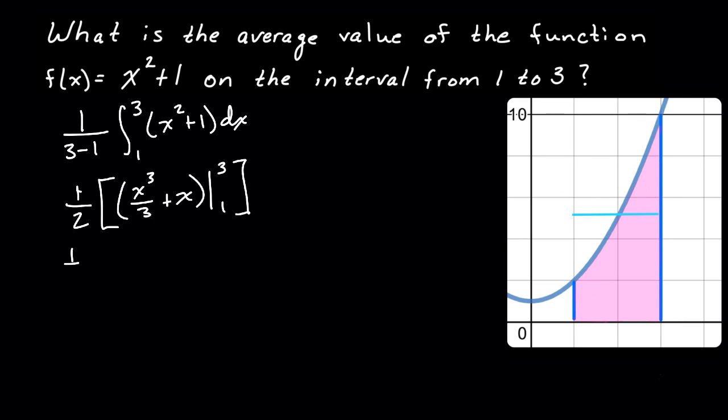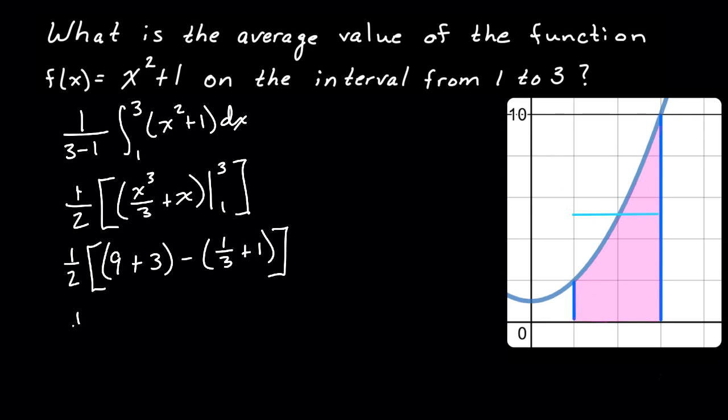All right, so what we end up now with is going to be 3 cubed over 3, which is 9, plus 3, minus, and then we'll plug in the 1, which is 1/3, plus 1.